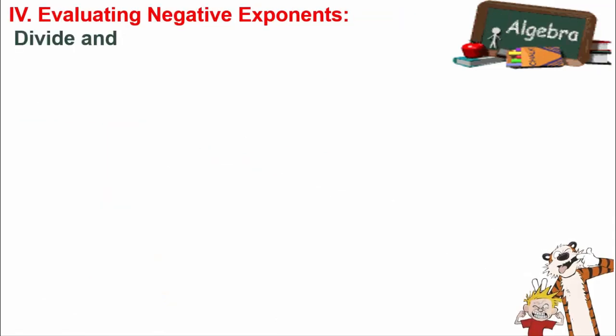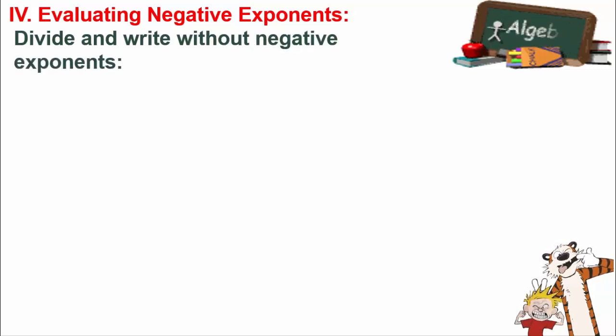Evaluating negative exponents. So we want to divide and write without negative exponents. Let's look at a few of these. In number 29, we have 4 to the -3.